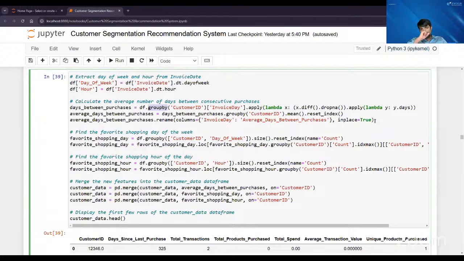And we have to know on which day he has made the invoice, right? Then only will we be able to identify it. Based on the grouping, we calculate the mean value, which will give you the average days between the purchases.